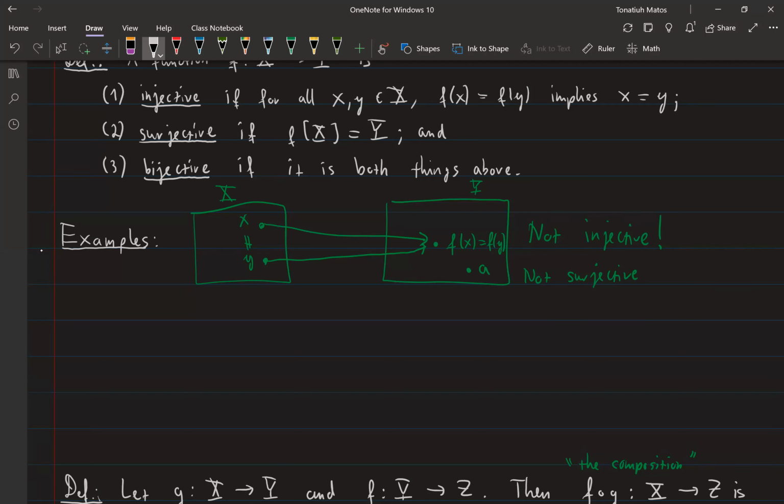So the inclusion I from {0} to {0, 1} is injective, but not surjective.